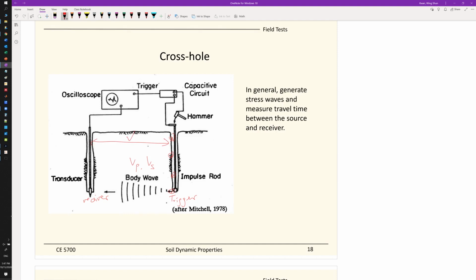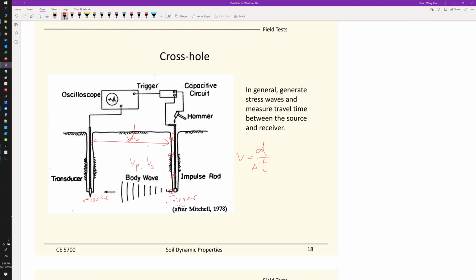The concept is simple enough: you can calculate the velocity, which equals the distance, this distance right here, divided by the time. So you measure the delta time for the wave to arrive from the trigger to the receiver. Then you can calculate the shear wave velocity.